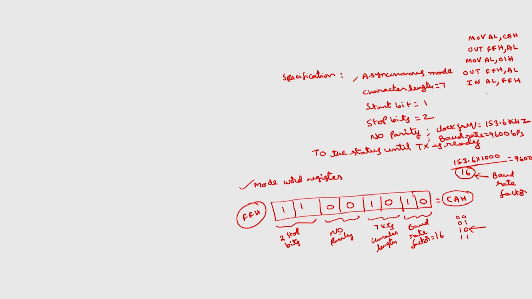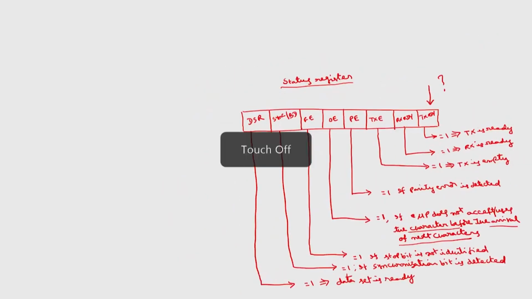For that, you can use either rotate logic or AND logic: AND AL, 0 1 H. If the transmit ready bit of the status signal is 0, then ANDing with this, where the other bits are all do not cares, you are basically ANDing with 0 0 0 0 0 0 0 1.